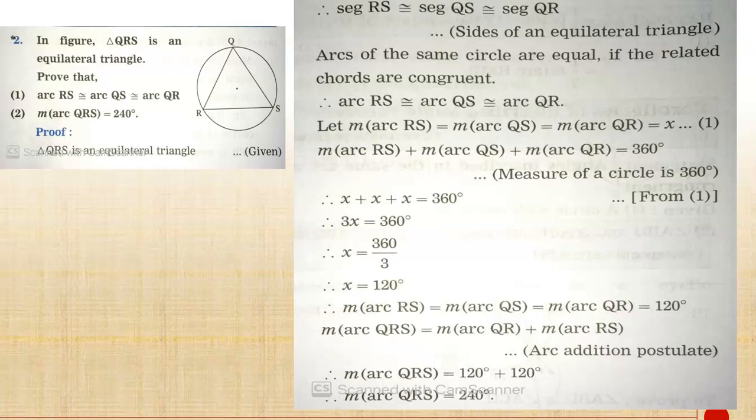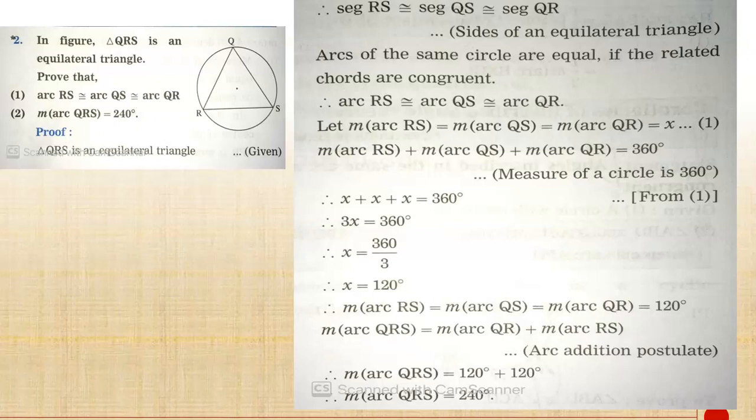We know that triangle QRS is an equilateral triangle, given information. Therefore, I can say that segment RS is congruent to segment QS is congruent to segment QR. That means this segment and this segment are congruent. And on what basis am I saying this? These are sides of an equilateral triangle.